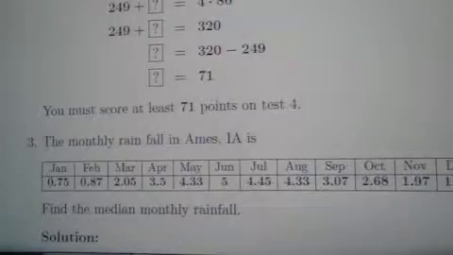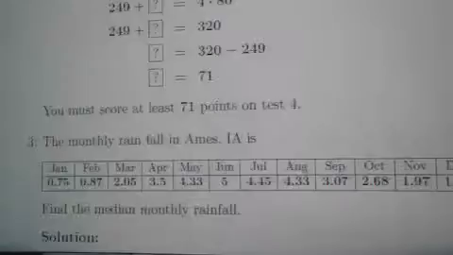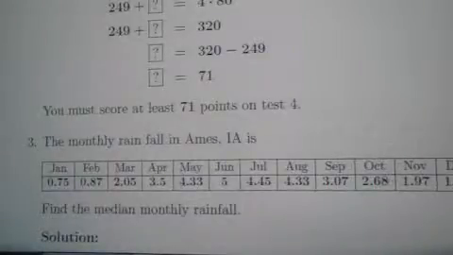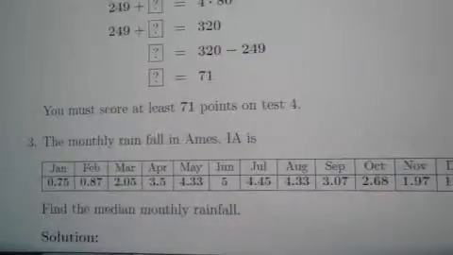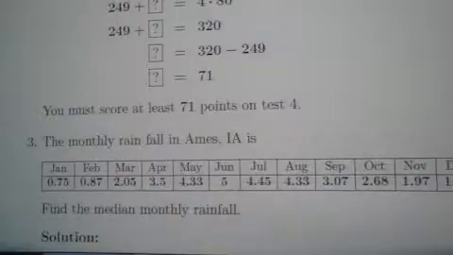So 0.75, 0.87, 2.05, 3.5, 4.33, 5, 4.45, 4.33, 3.07, 2.68, 1.97, 1.06.